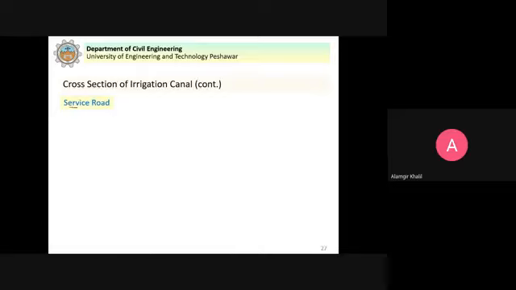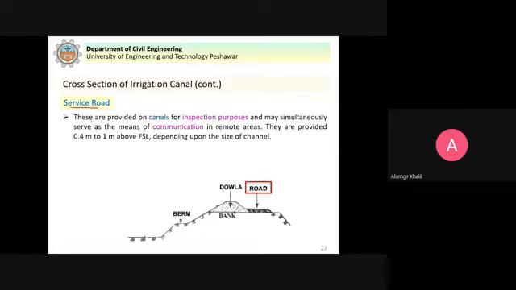Next we have service road. So this is the service road. Service roads are provided on canals for inspection purposes and may simultaneously serve as the means of communication in remote areas.